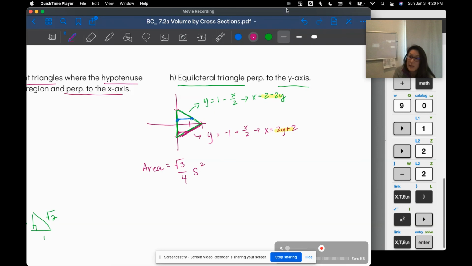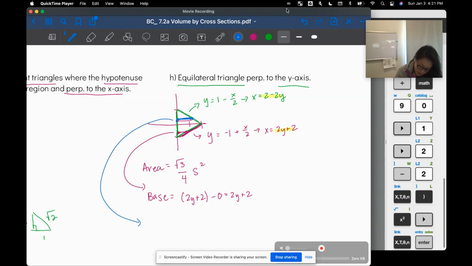The base is dictated by the distance between the right curve to the left curve. So we're going to split this up. For the bottom curve, the base is equal to 2y plus 2 minus 0, right? So 2y plus 2. And for the top part, the base is equal to 2 minus 2y minus 0.